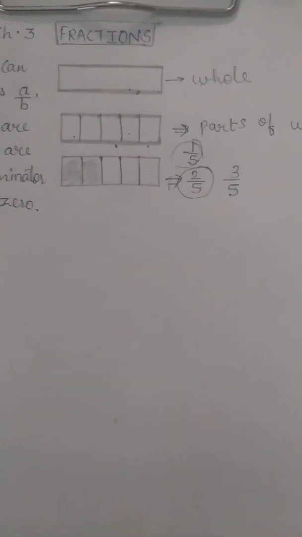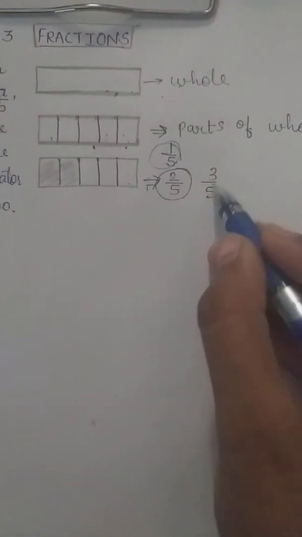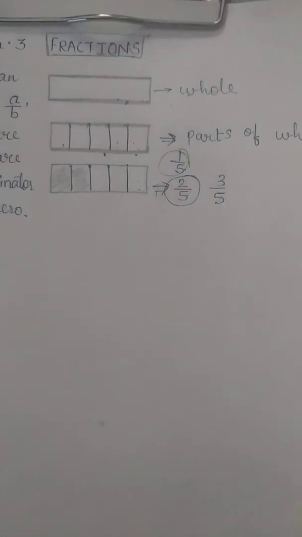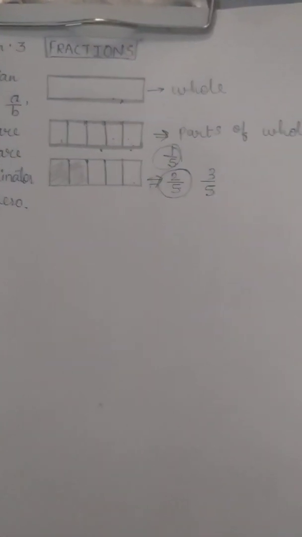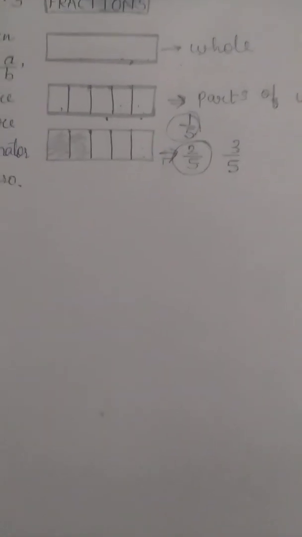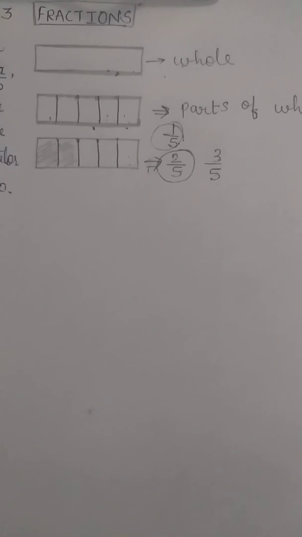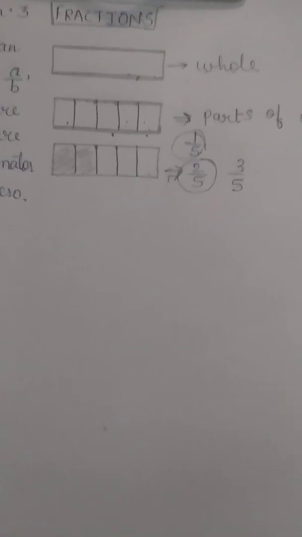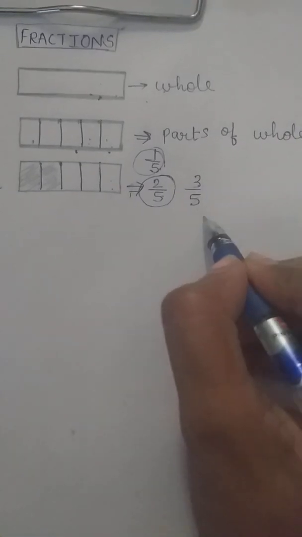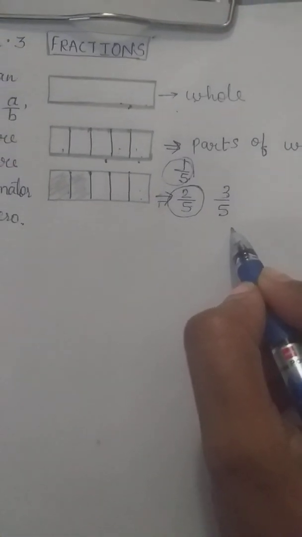In a fraction, a by b, the top is called the numerator, and the bottom we call the denominator. It is very easy to remember: down, denominator. So I repeat, the numbers like 1/5, 2/5, 3/5 used in the statement given above are called fractions.